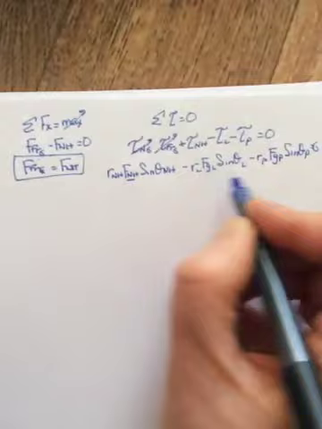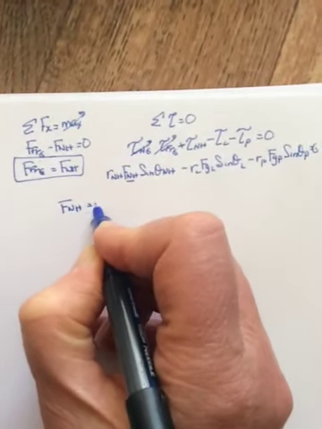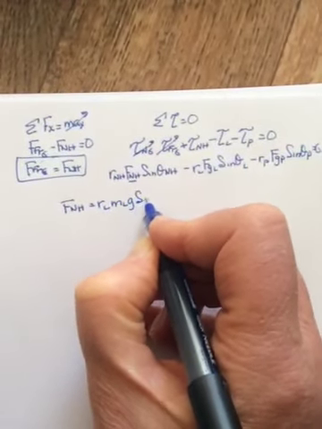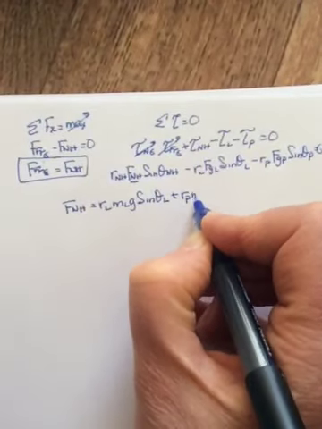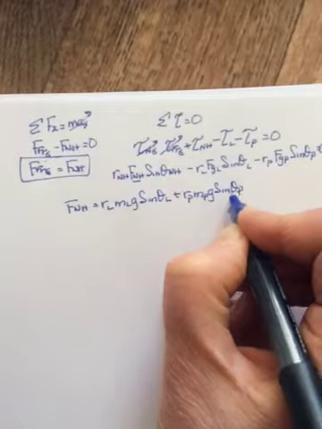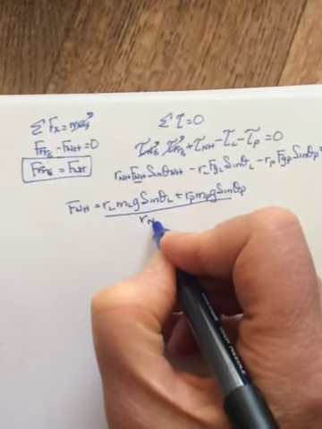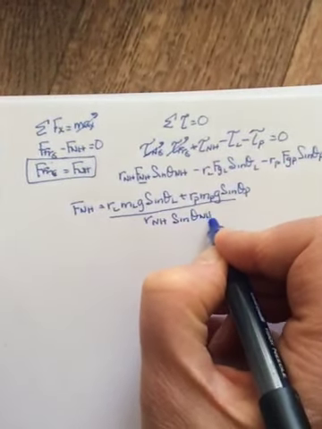We're looking for this, so take the other two terms over, and they'll become positive. So R of the ladder, M of the ladder, g, sine theta of the ladder, plus R of the person, M of the person, g, sine theta of the person, divided by R normal of the house, sine theta normal of the house.